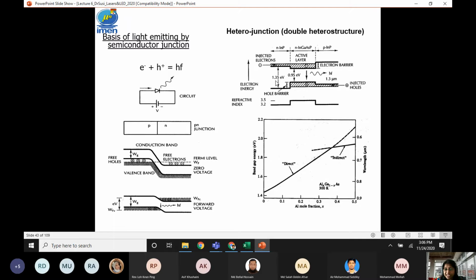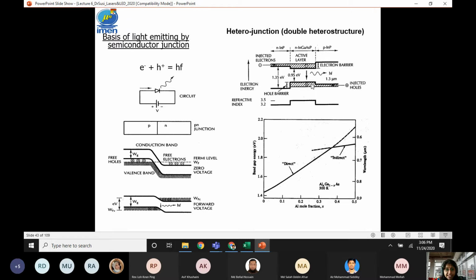This higher band gap is because we want the electrons and holes to move to this active layer so that recombination occurs in the active layer. Okay, so it's a barrier. We do not want them to move out from the active layer.